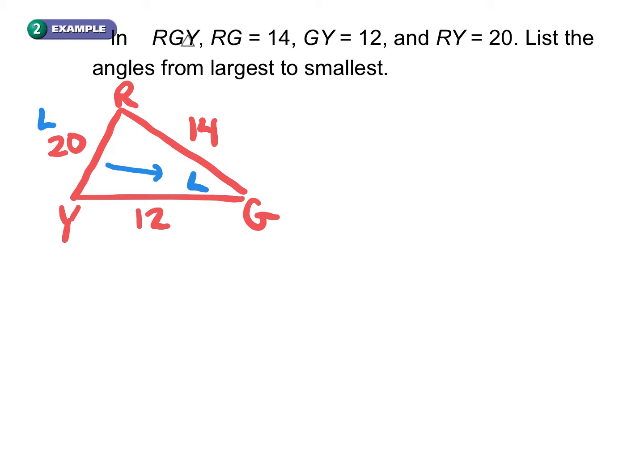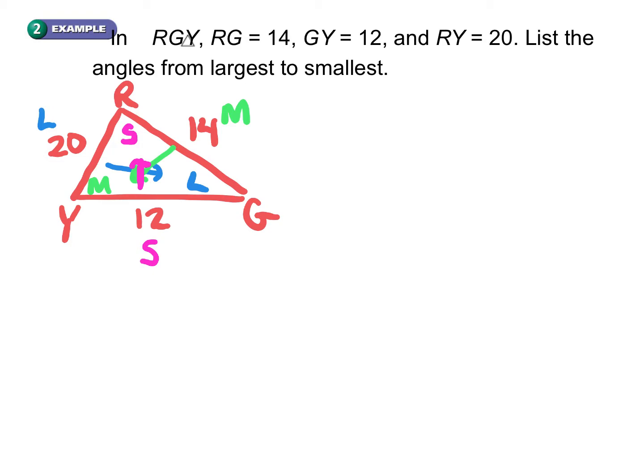So the largest angle is straight across from it. Then my medium side is 14, so the medium angle of Y is right across from it. And then lastly, my smallest side is 12, so the smallest angle right across from it is R.